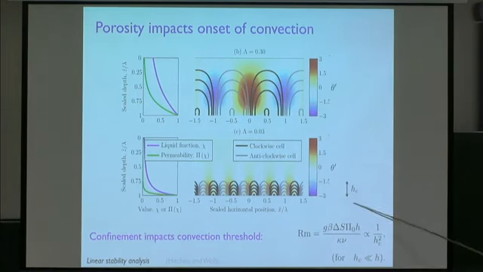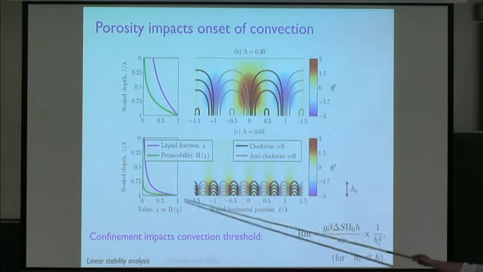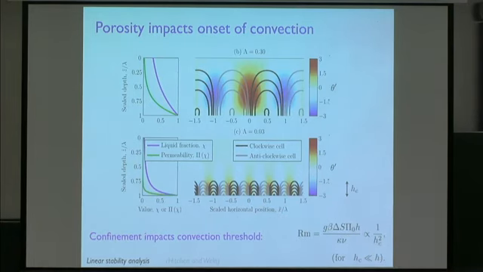So you can characterize how this depth of confinement varies as you vary system parameters, and the depth of the underlying convection, how far it's penetrating through the interior of the mushy layer. And you can go away and find that if this confinement depth is much smaller than the overall depth, you get a threshold. So this is, for those who know, commonly characterized in terms of a Rayleigh number.